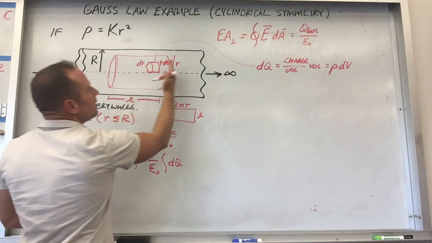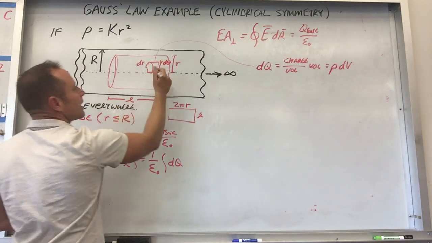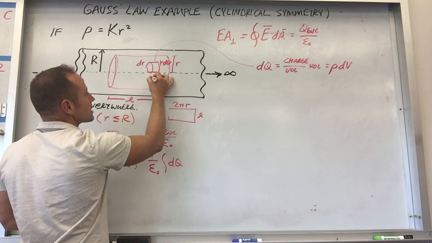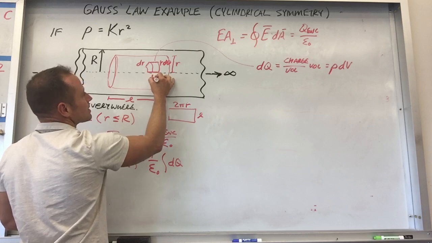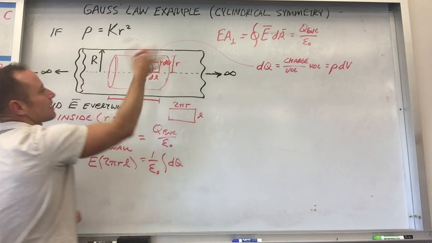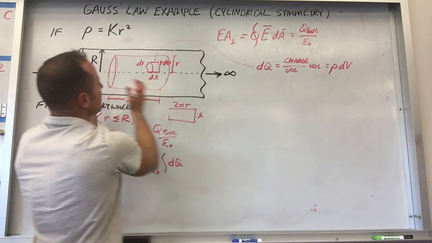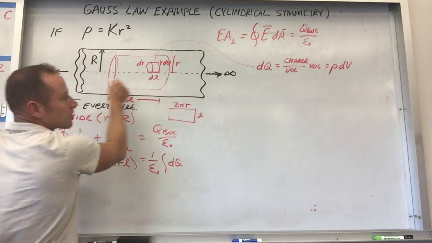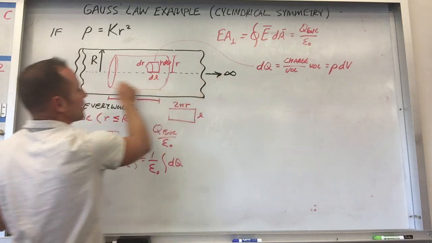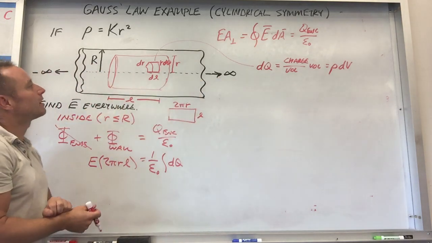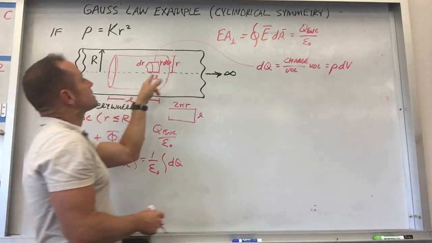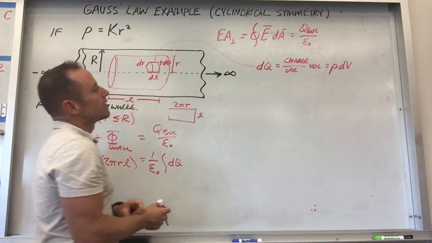And then you're going to need a dimension that goes this way. I guess that would be this edge of it, and I'm just going to call that dl, let's say. Could be dx, doesn't matter. It's just a little excursion along the length of the cylinder. So dV is going to be the product of these 3 things.